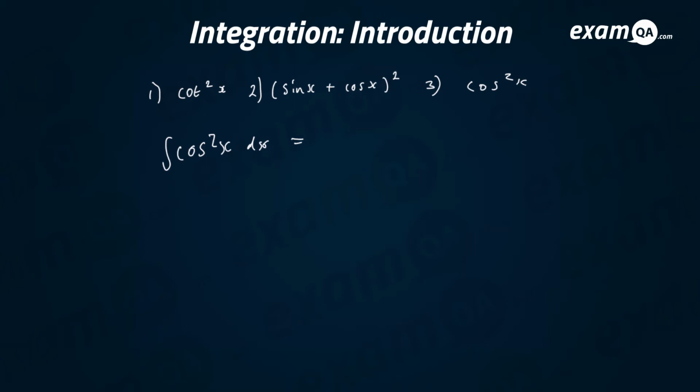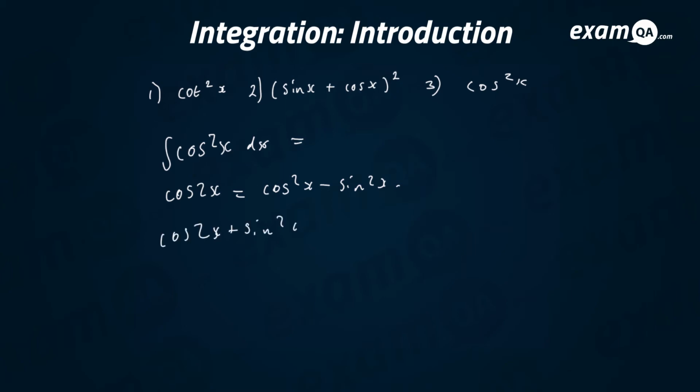Let's do the same thing we did in question 1. Let's make some identity. What identity involves cos squared x? The classic cos 2x equals cos squared x minus sine squared x. Now, I could make cos squared x the subject, but it looks like that won't really help me.